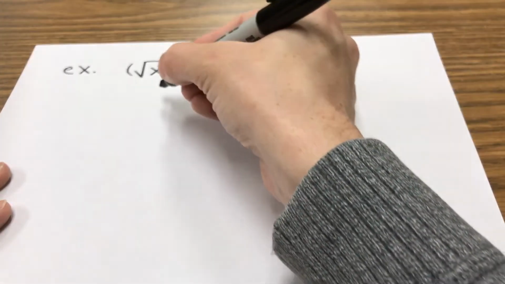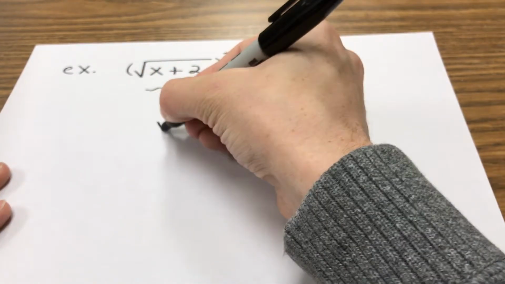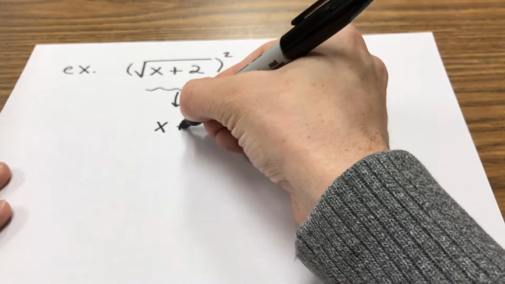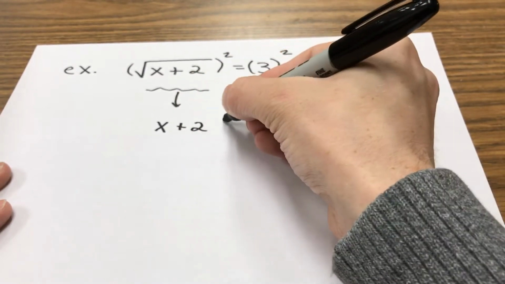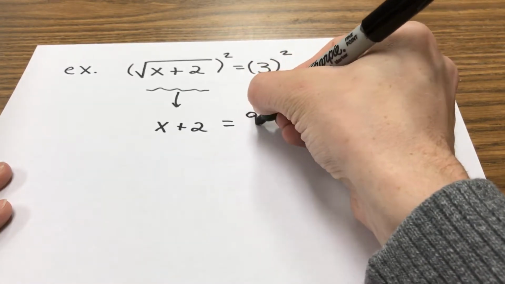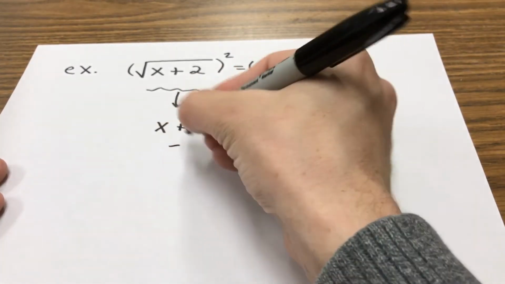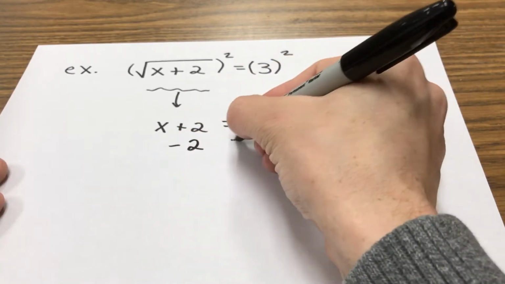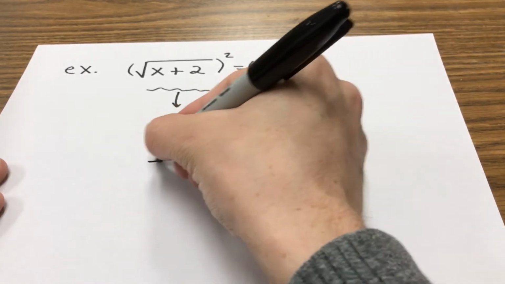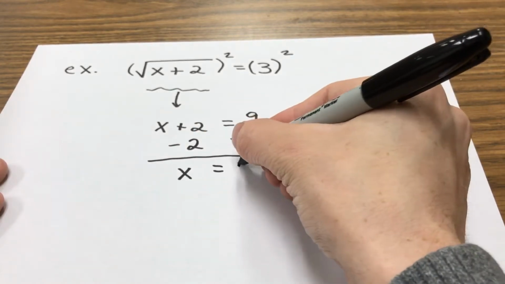So the radical goes away, and whatever's on the inside just comes out. I get x plus 2 on this side, and on the other side, I get 3 squared, which is 9. So now I'm in a position where I can get the variable on one side by itself. All I have to do is the opposite of adding, which is subtracting, and I get x equals 7.